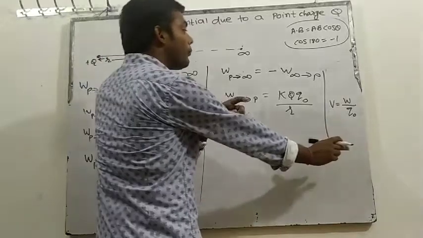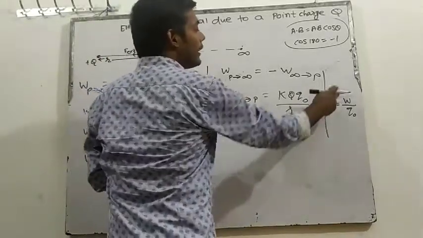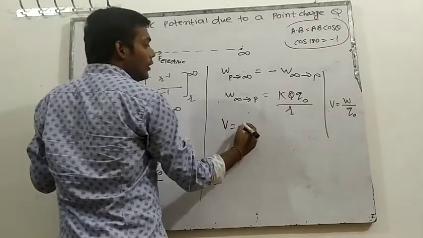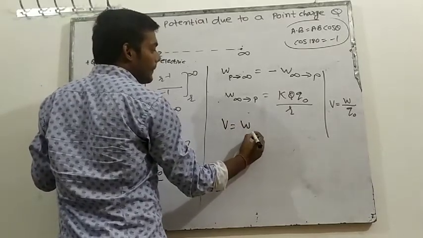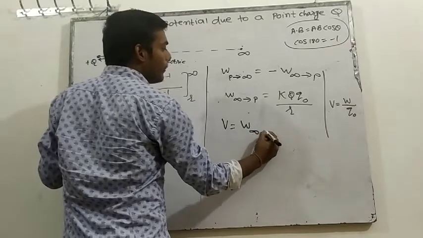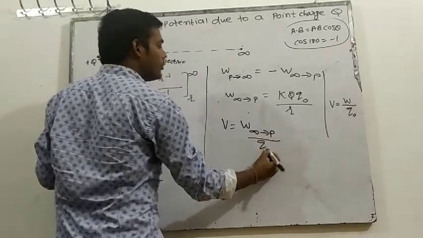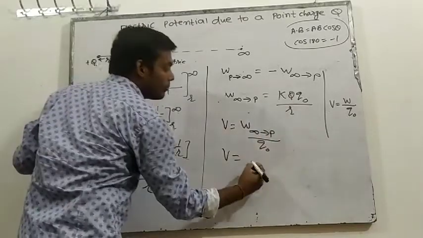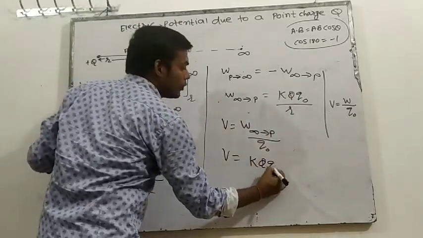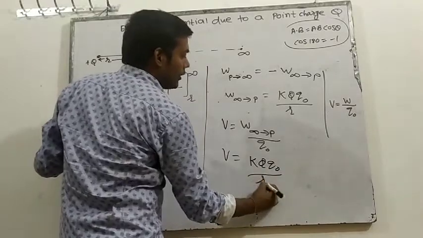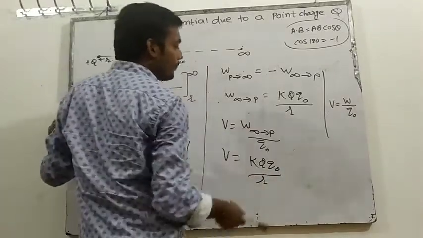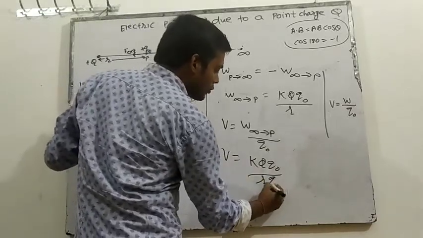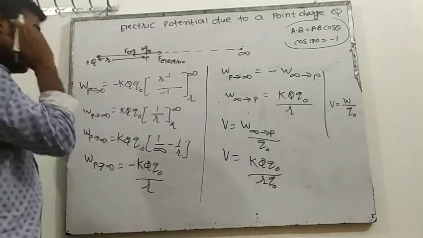The work done in bringing it from infinity to P I have found as K Q Q naught by r, and we divide it by the test charge Q naught.